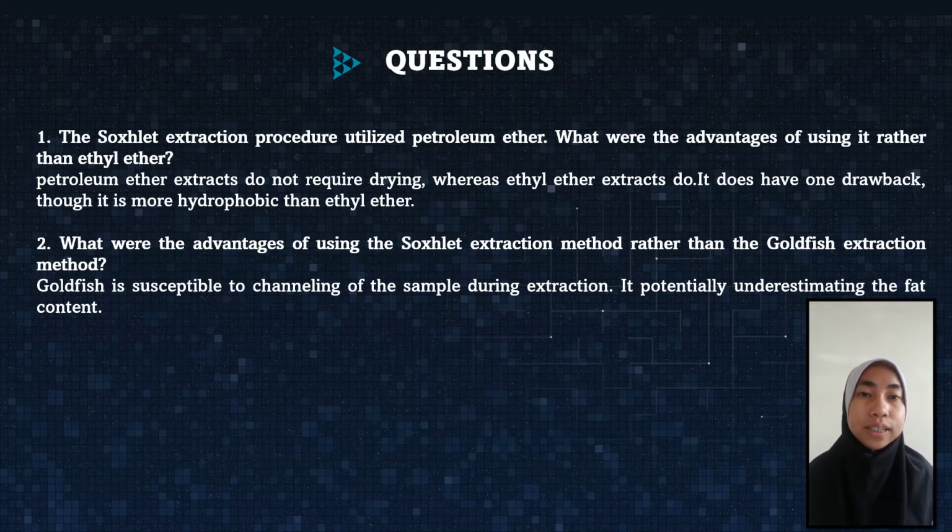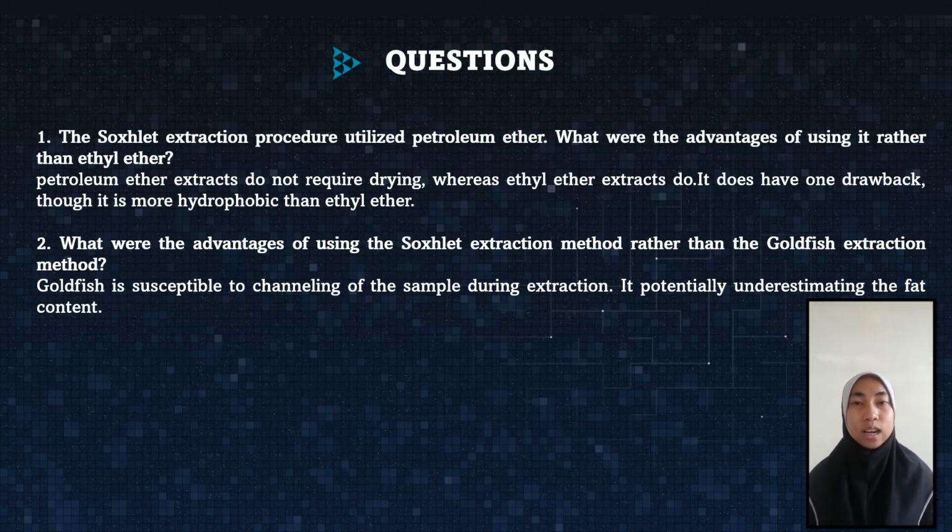Compared with ethyl ether, it is less hygroscopic, more affordable, and less flammable. Because of this, petroleum ether extract does not require drying, whereas ethyl ether extract does. It does have one drawback, though: it is more hydrophobic than ethyl ether. Therefore, we chose petroleum ether over ethyl ether.